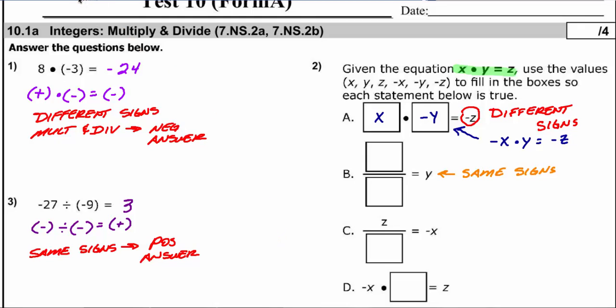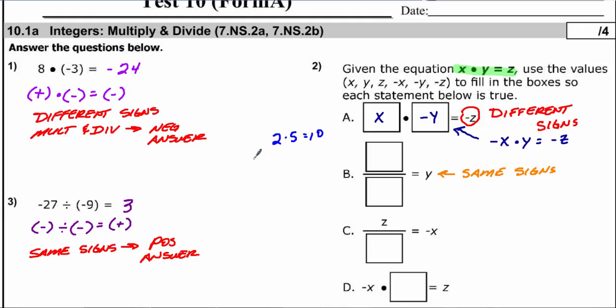Now, the confusion that a lot of students had on B was they didn't know whether to put the x on top or the z on top. The answer was y. They didn't know, do I put the x or the z on top? Unlike A, which is multiplication, you could have x times opposite of y, or you could have had opposite y times x. In division, you cannot change the order. Division is not commutative. And the example we did in class was, think about the problem 2 times 5 equals 10.